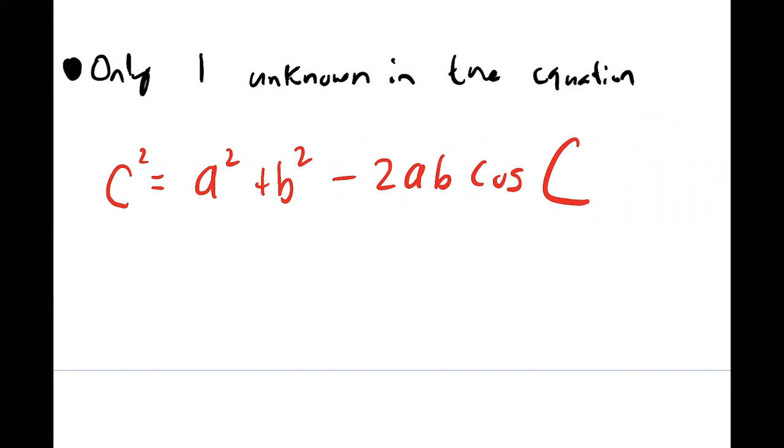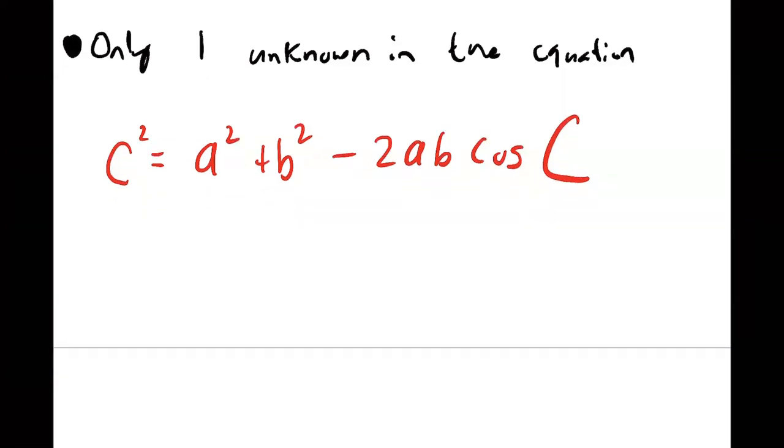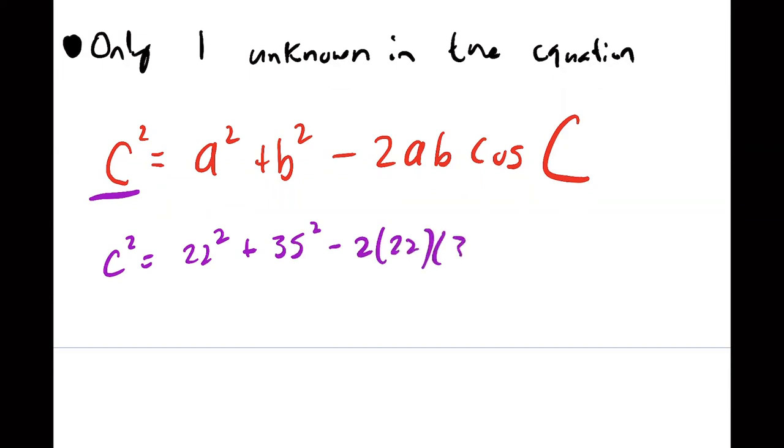But now, sorry, let's now plug in what we know. So the only thing we don't know in this equation is actually the left-hand side. So we'll plug in everything else. We're going to get c squared is equal to 22 squared plus 35 squared minus 2 times 22 times 35 times cosine of 52 degrees.